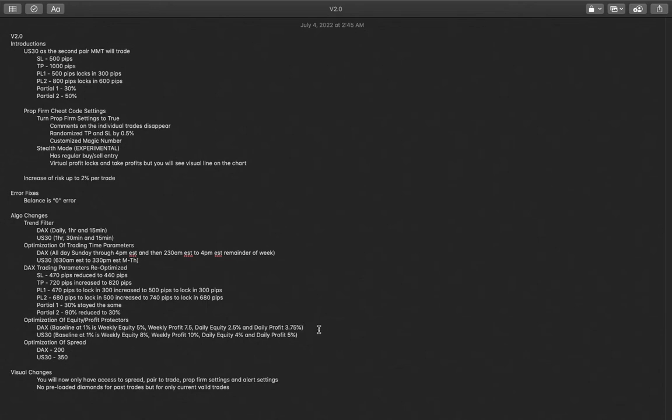So what we found is that by optimizing the profit protectors, you've got to think about it. Depending on your risk, if you stay consistent with your risk, there are some weeks that you hit the daily protector, some weeks you don't. And what we found is that if you stay consistent with your equity protectors, there is a sweet spot, and that sweet spot needs to be cascaded across all levels of risk.